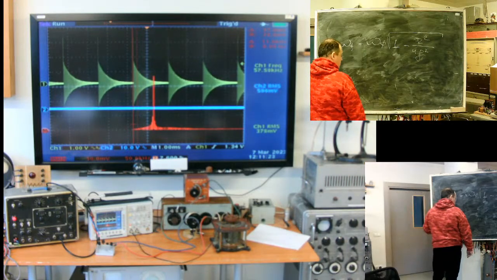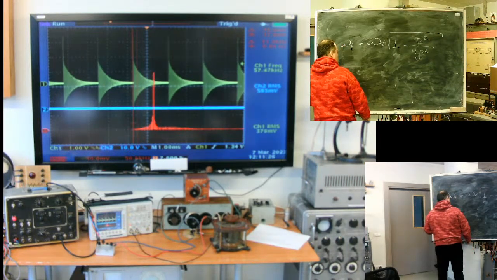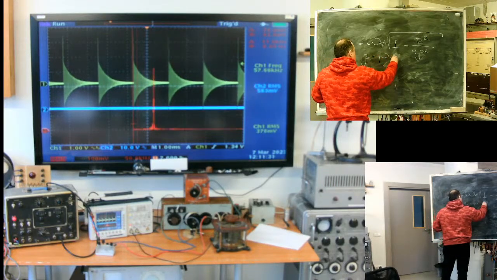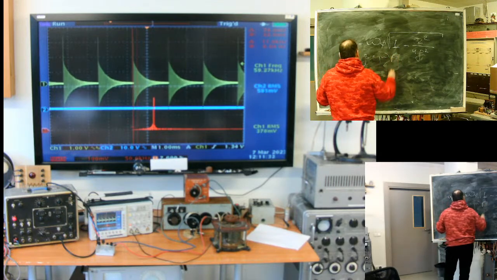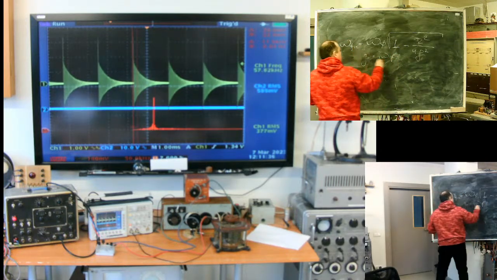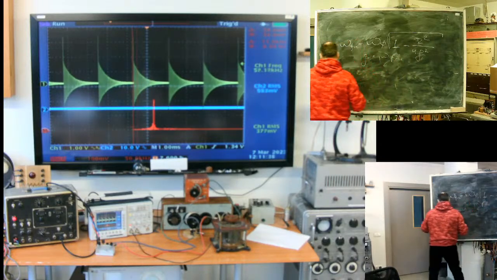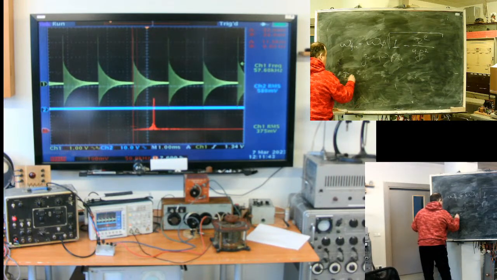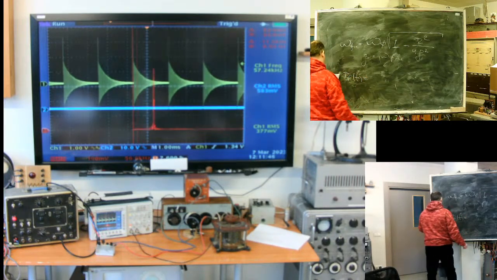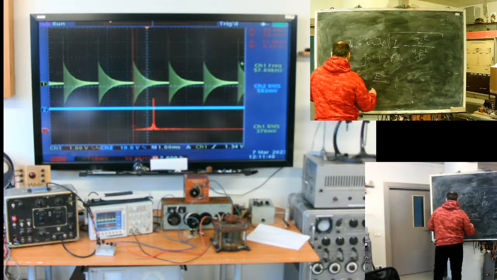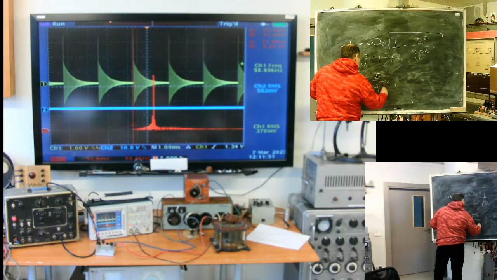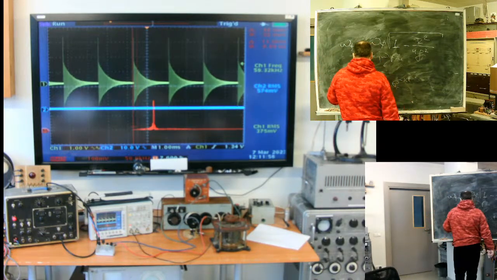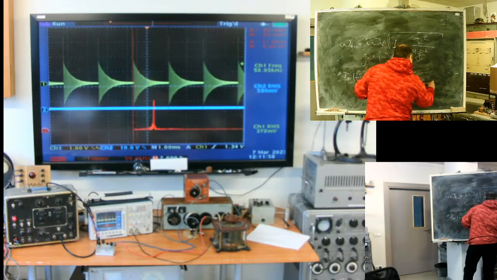In case of free oscillation, so if beta equals j omega, the free current will be E divided by omega L, e to the power of minus alpha t, sine omega t.